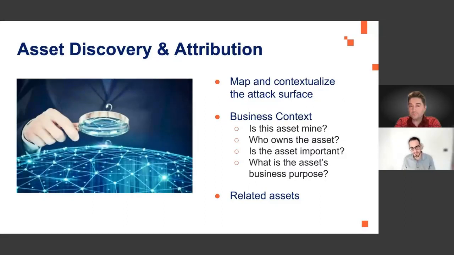A couple of other key elements here that are critical for operationalizing EASM are elements like ownership and attribution. If I had to put my finger on the number one pain, or one of the top 2 or 3 pain points of organizations that tried to operationalize EASM, especially with the second category we talked about, is attribution.